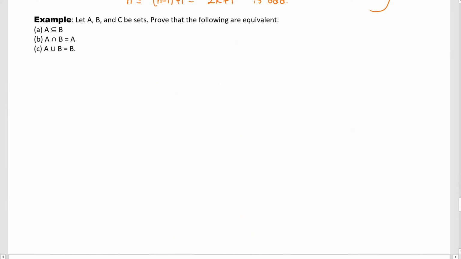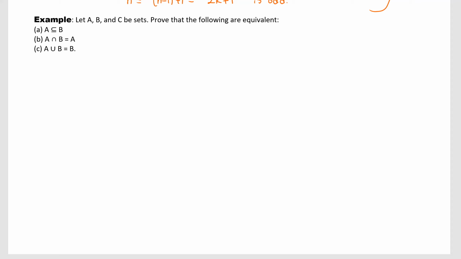Okay, so in this example, let A, B, C be sets. Prove that the following are equivalent. So in our last example, we only had two propositions and we wanted to show their equivalence. But here we have three propositions. How do we show their equivalence?